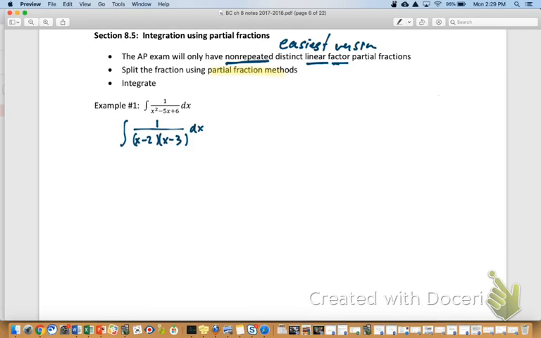Okay. So maybe you remember this. This is one of these algorithms, one of these processes that will be consistent. So I want to show you how to do this. I usually do this off to the side somewhere. What I'm going to do is I'm going to say 1 over x minus 2, x minus 3 equals a over x minus 2 plus b over x minus 3, where a and b stand for some numbers, some constants, right?